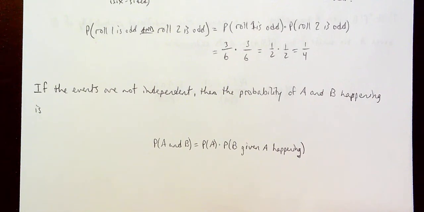The probability of A and B happening in this case, when your events are not independent, is that P of A and B is equal to P of A times the probability of B given A happening. So A is your first event, if you will. That happens, and then you want to multiply that by the probability that B happens given the result of A.